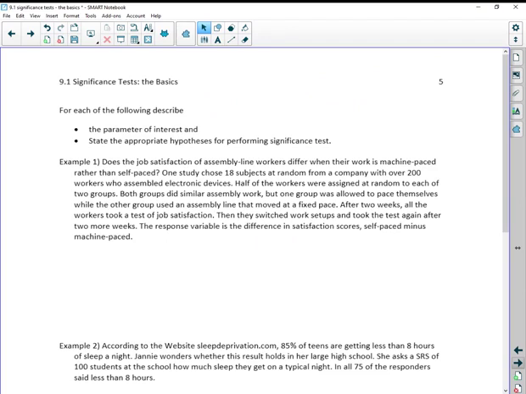Okay, so for each of these following problems, we're going to try to see if we can tell which one is the parameter of interest. That means parameters would be proportion, means, standard deviation for the population, and then we're going to state the appropriate hypotheses for performing the significance test.